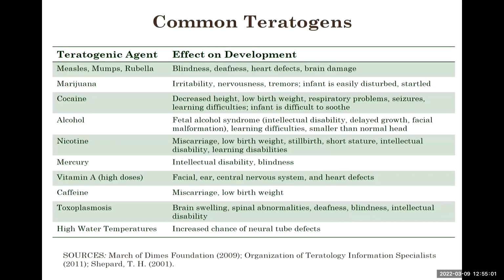I briefly mentioned fetal alcohol syndrome. If the mother drinks too much during pregnancy, the child can have fetal alcohol syndrome, intellectual disability, facial malformation. Children with fetal alcohol syndrome have broad foreheads and their eyes are farther apart.